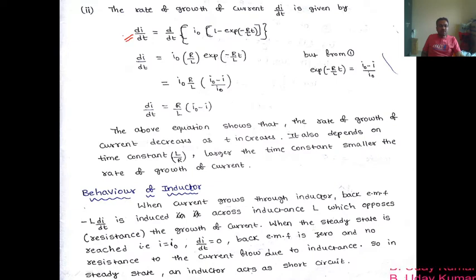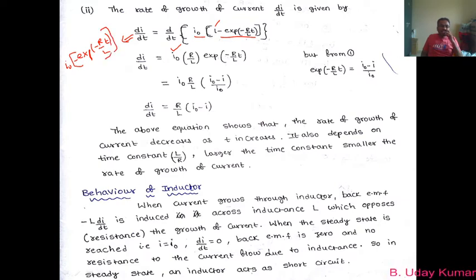Let us try to solve this one. d by dt of I0: remember, this I0 is constant, so write it down. And d by dt of 1 is 0, so forget that. Now for d by dt of minus exponential minus R by L into t, I0 is constant, which is written outside. Differentiation of minus exponential minus R by L into t gives exponential minus R by L into t as it is.